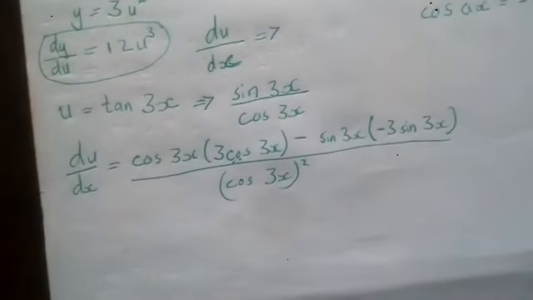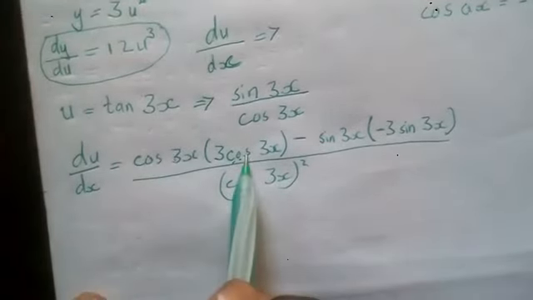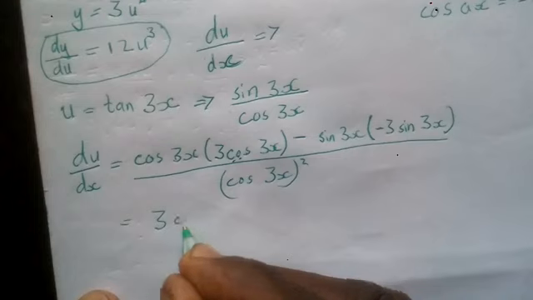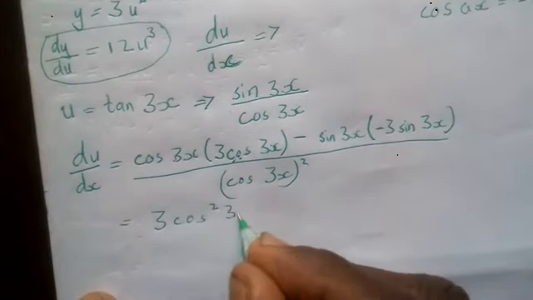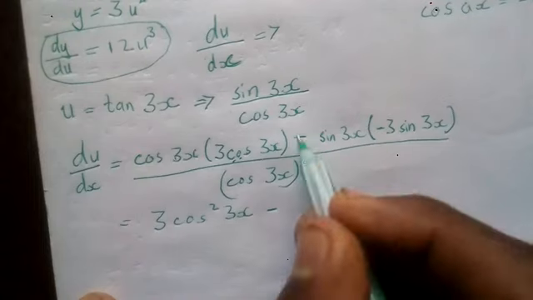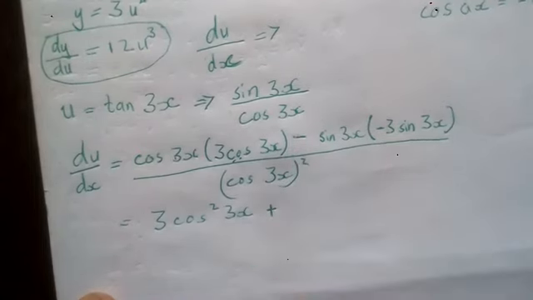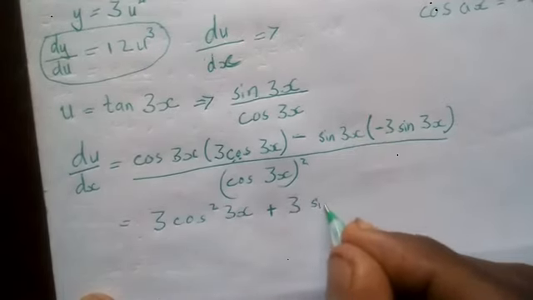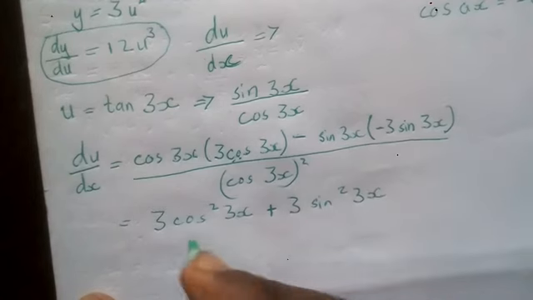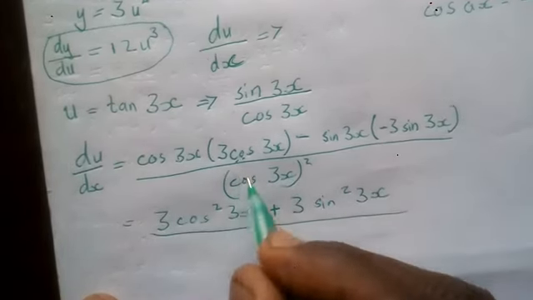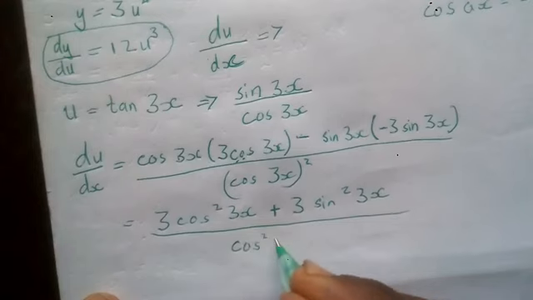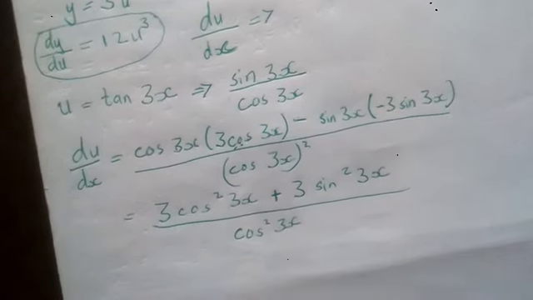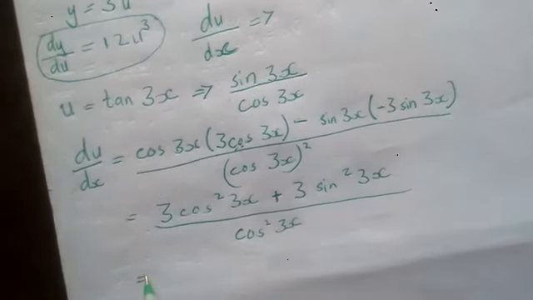So let's proceed. When you multiply, you'll get 3 cos squared 3x. Negative times negative gives a positive, 3 sine squared 3x, divided by cos squared 3x. Let us put the bracket.